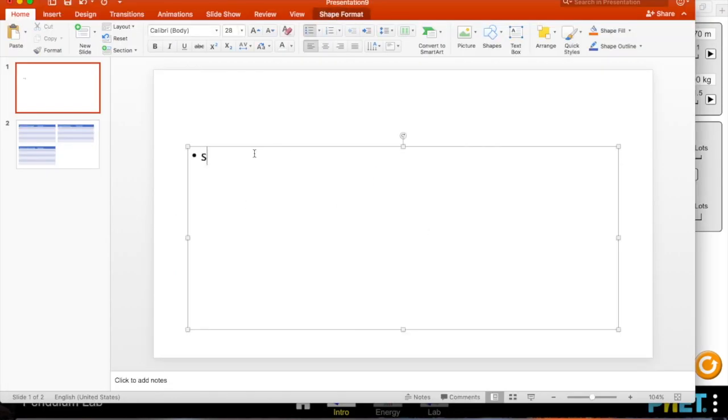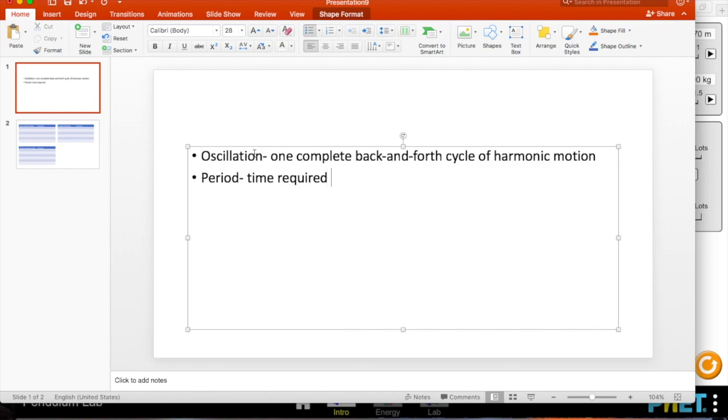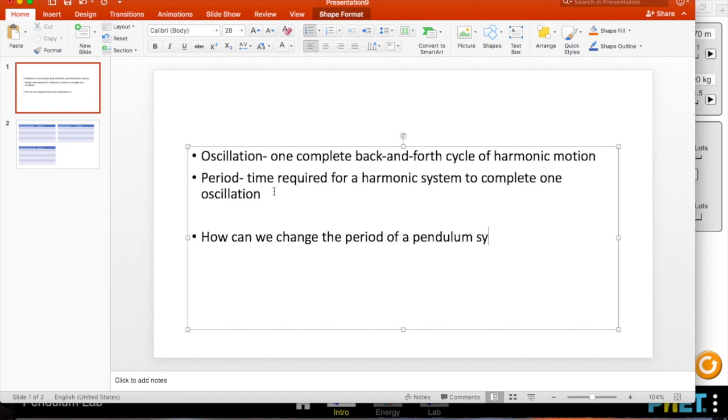That back and forth swing, as I said earlier, is known as an oscillation, one complete back and forth cycle of harmonic motion. And the amount of time it takes for the system to complete one oscillation is known as the period, the time required for a harmonic system to complete one full oscillation. So this is what we're trying to measure. This is what we're trying to change. And our question is, how can we change the period of a pendulum system?